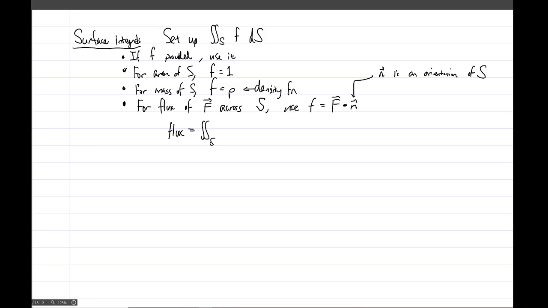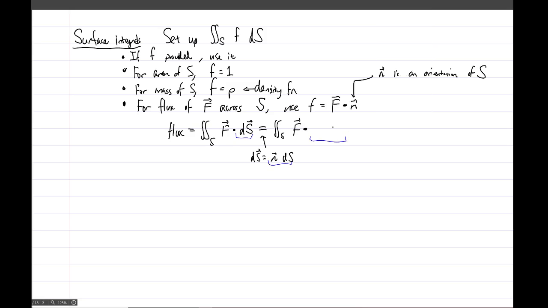So double integral over the surface of the vector field dot dS, that's either bold or with an arrow on it. However, we're going to make this conversion that dS with an arrow on it is actually n times dS without an arrow on it. So we'll have double integral over the surface of F dot, now here's the new part, so this here is getting replaced with this right there.